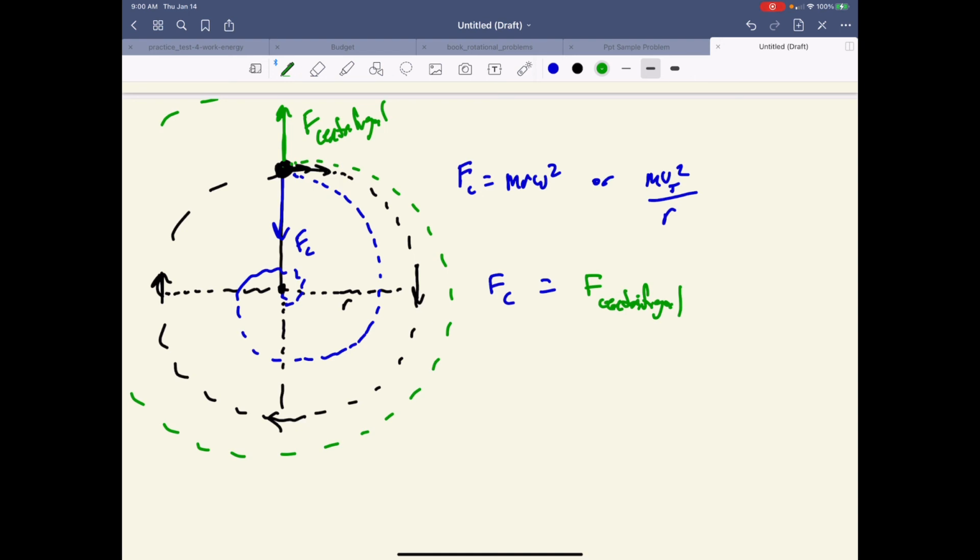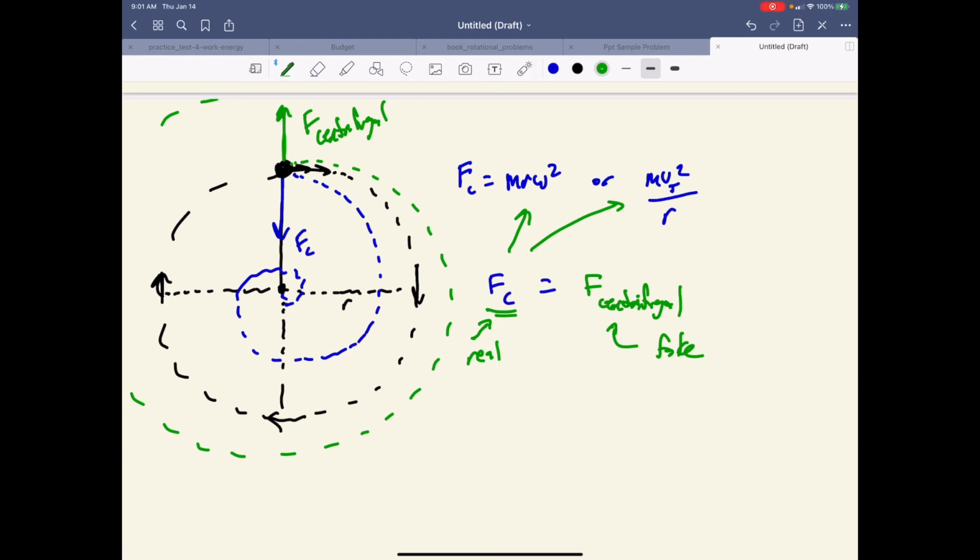What this allows us to do, and remember, this is real, this is fake, or not a true force, is that we can calculate the magnitude of this centrifugal fake force because we know it's equal to a real force, which is the centripetal force, and we already know the equation for centripetal force.